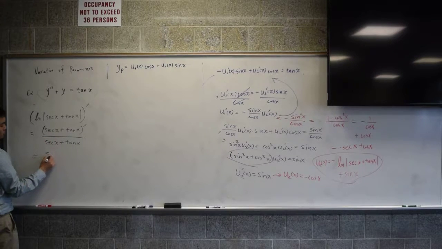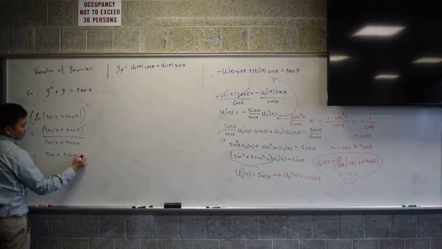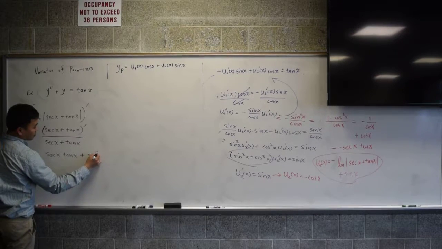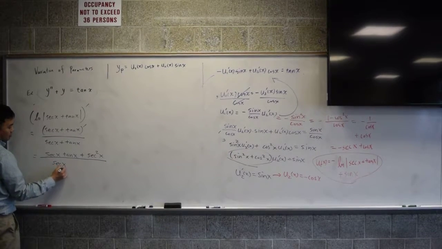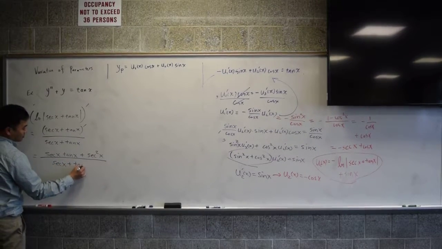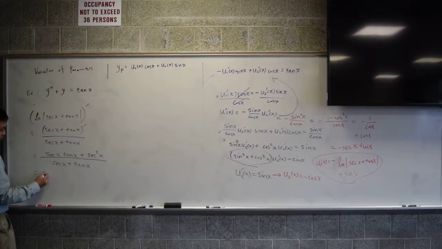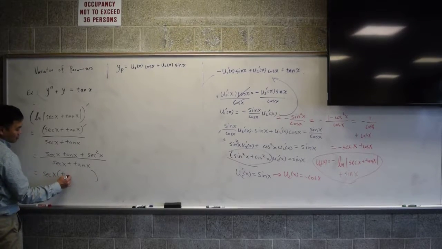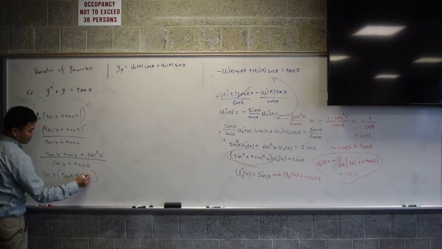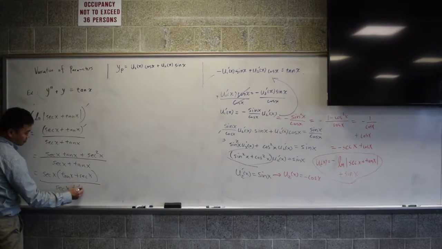Secant differentiates to secant x tangent x, and this is secant squared of x over secant x plus tangent x. And if you factor the secant x on the top, you end up with tangent x plus secant x divided by secant x plus tangent x.